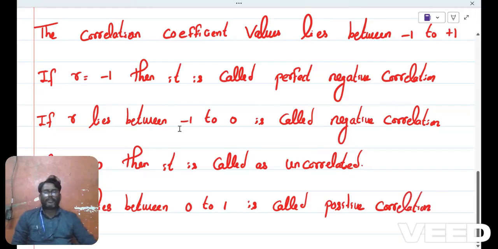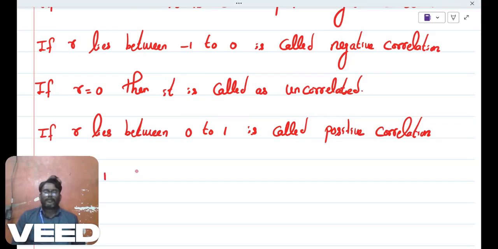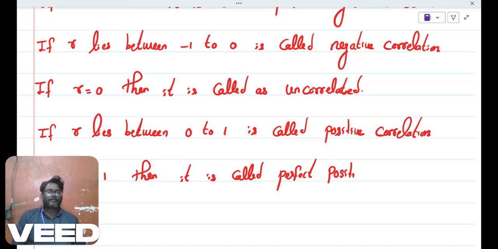And finally, if r value is equal to 1, then it is called perfect positive correlation.